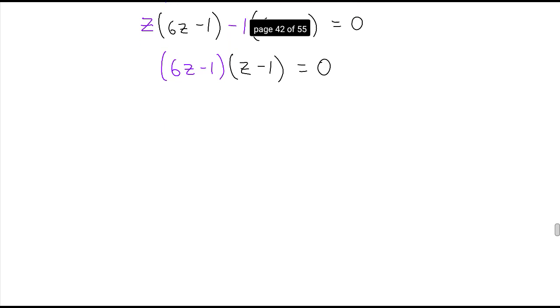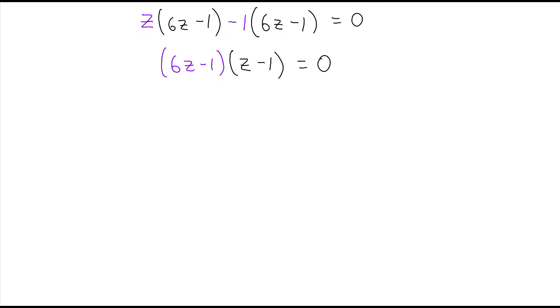Okay, well, the zero product property says that I have two factors. If I have two factors that multiply together to be 0, then I can take each individual part and set them equal to 0. The 0 is hiding somewhere here or here. We just got to figure out what z's make those turn into 0. So 6z minus 1 equals 0.